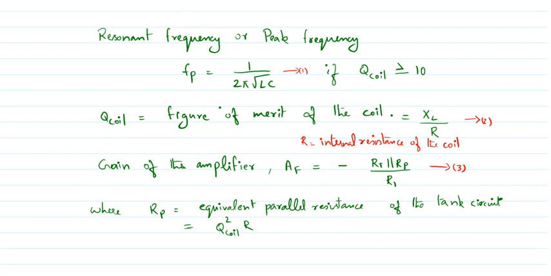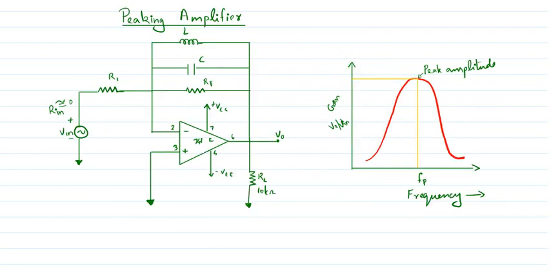So only for Fp the gain will be maximum. At any other points, above or below Fp, the gain will be lower. That is what we see in the peaking amplifier.